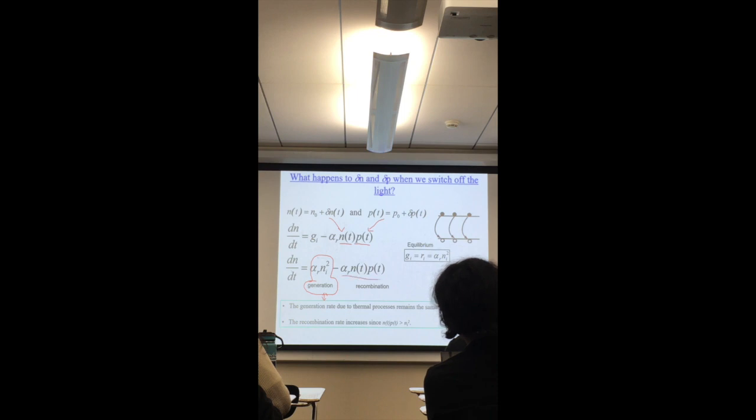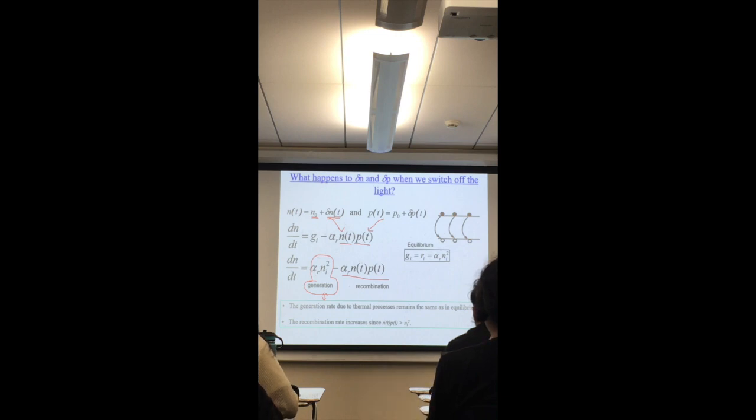For the recombination, it actually changes with time, because it's related to the actual electron and hole concentration. Because this N and P are higher than the equilibrium value, we have the equilibrium value plus some additional term. So this n times p is larger than Ni squared, and this recombination rate will be larger than the generation rate.